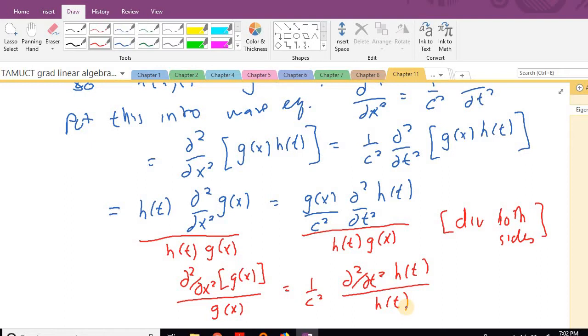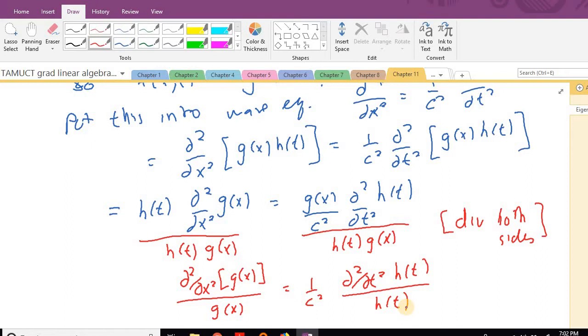Well, if something varies as a function of x, but not of t, that means that g doesn't change when t changes. This whole side doesn't change when t changes. This whole side doesn't change when x changes. So I can change x over here. If I change x over here, this has to be true for every x and every t.